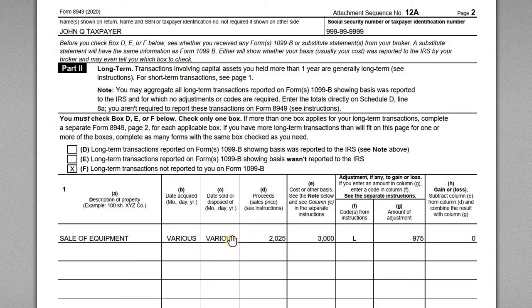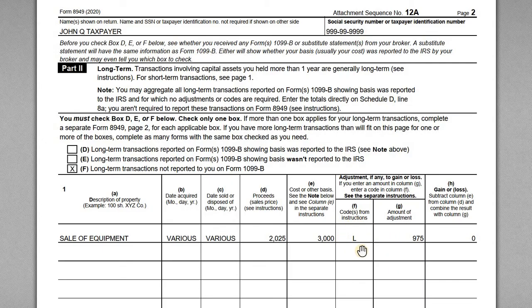And here's the sales proceeds. So the $2,025, this is what matches up with your 1099-K. This is likely going to help the IRS trace the 1099-K amounts to this item here. And then he enters his cost basis of $3,000. Remember, that was the total purchase price he paid collectively for all 3 items. And then here is where he enters the adjustment for no capital loss deduction.